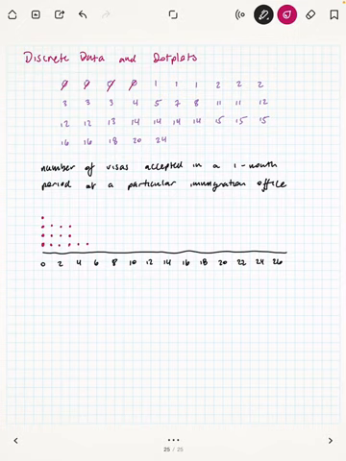Since there's no 6 value, we skip that one over, right? So there's no data value in here that matches 6. We skip it. There's a 7. There's an 8. No 9, 10, but there's 2 11s. Right, and so on. I have 4 14s.